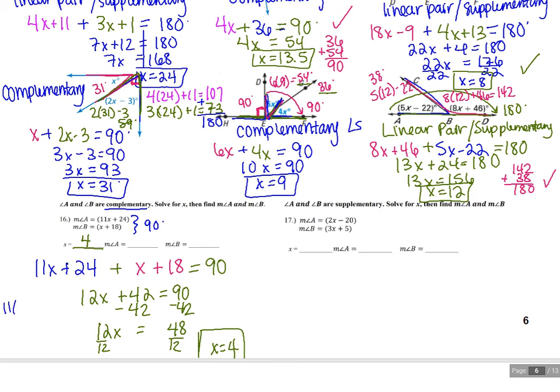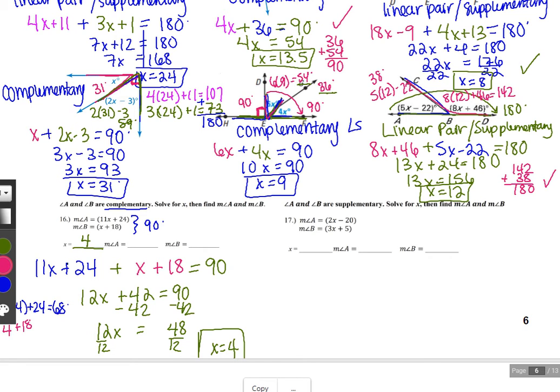And then angle B, which was x plus 18. So we just have 4 plus 18, which is going to give us 22. And now we need to make sure that these equal 90 degrees, like our statement said over here.